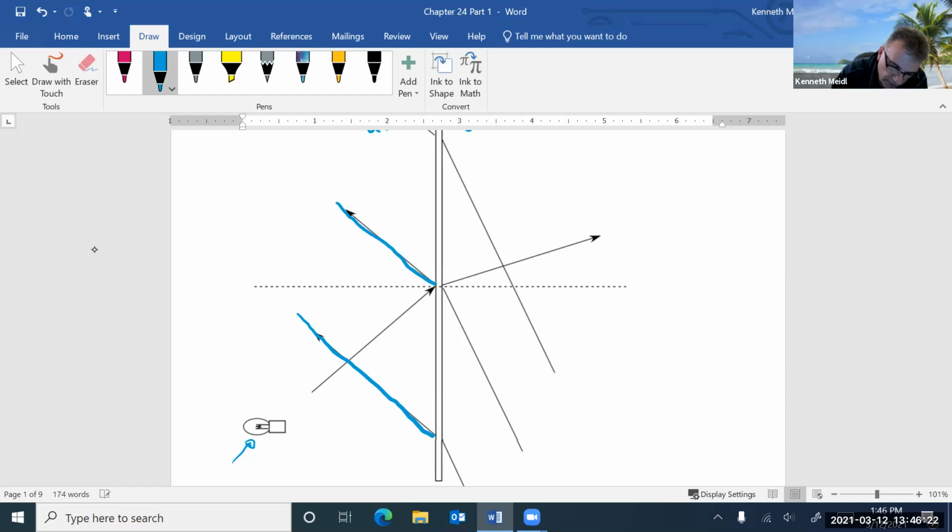These are the crests, or the tops of the waves. The distance from one wave to the other is the wavelength. We're looking down on the waves here, and these straight lines are the tops of the waves.